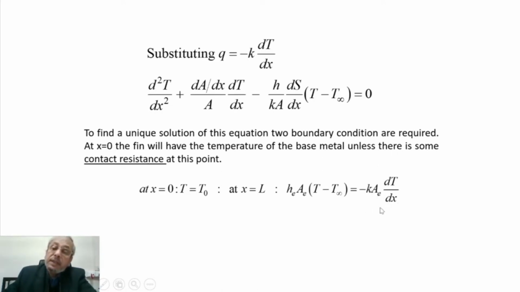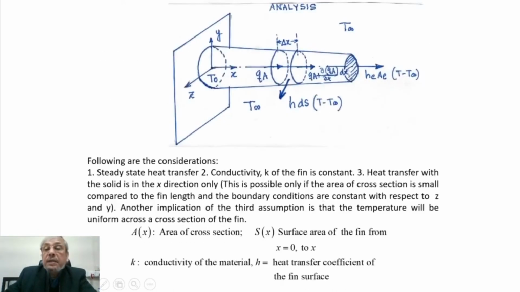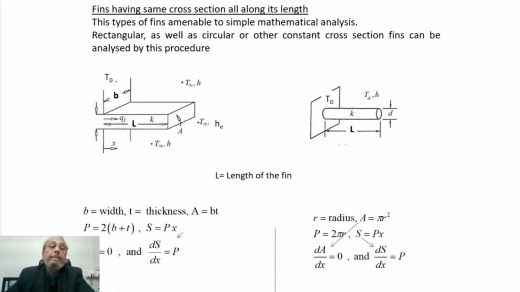That means whatever thermal energy is conducted to the end is being convected. This is the end condition. So at x equal to 0, T equal to T naught, and at x equal to L, we get this condition, which is basically a convective condition.